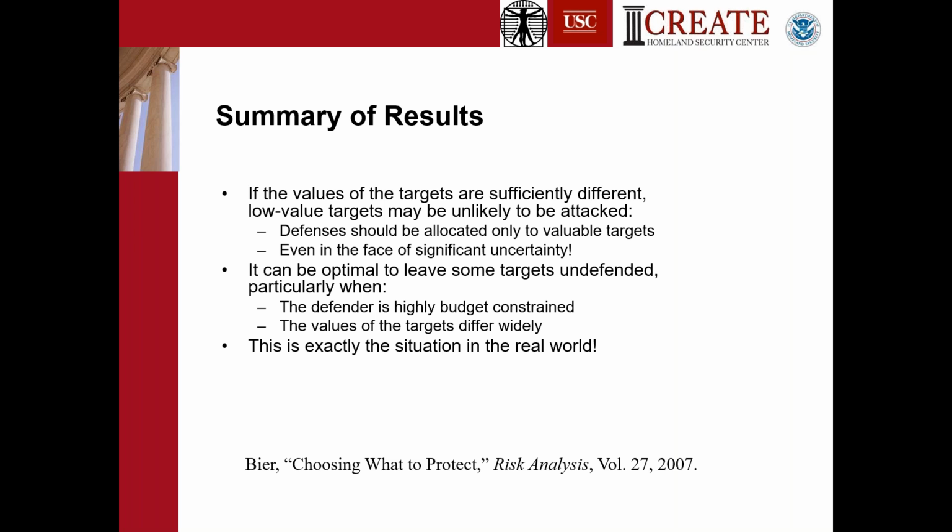This means it can be optimal to leave some targets undefended or much less heavily defended. That's true particularly when the defender is highly budget constrained and the values of the targets differ widely. But of course, that's exactly the situation we're in the real world. We don't have unlimited budget, and we have literally millions of targets around the country of very, very different valuations.